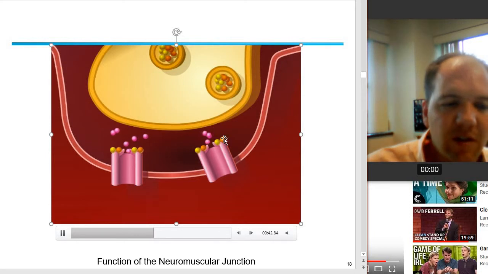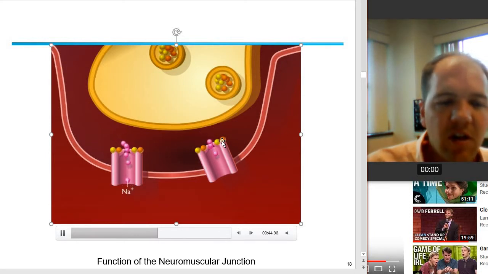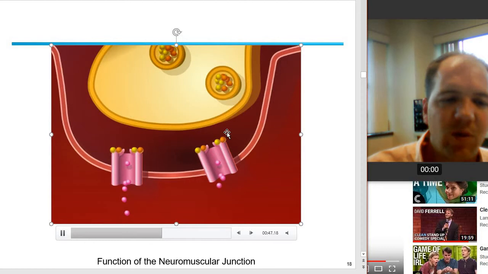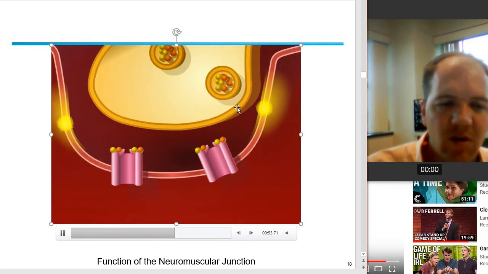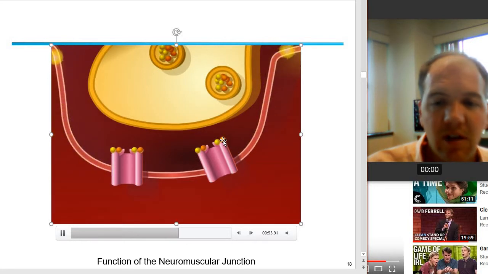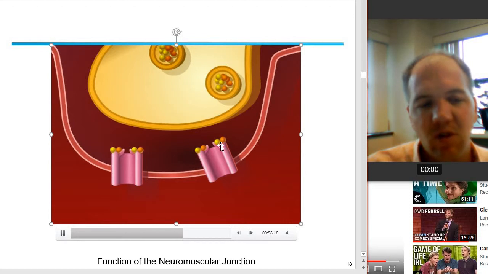So after this acetylcholine attaches, in order to relax the muscle, we have to break down the acetylcholine and put it back into the axon. And so there are chemicals here as well whose job is to chop up the acetylcholine. You can see it's made up of a couple different pieces.